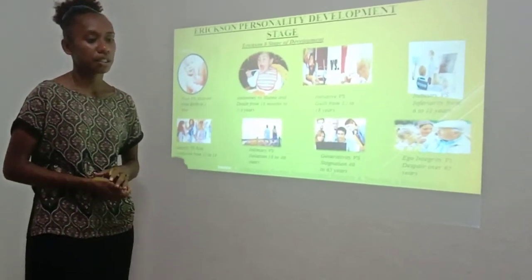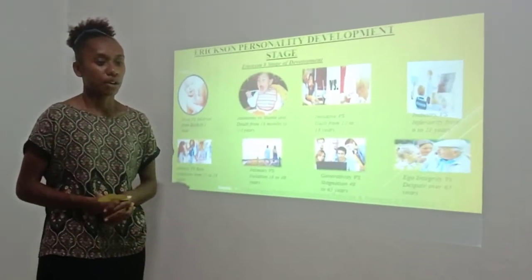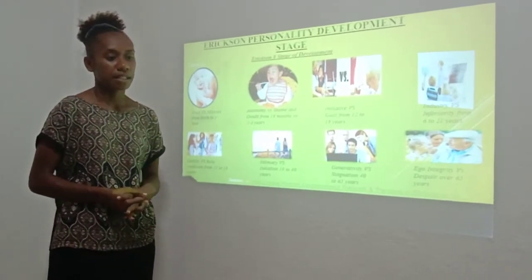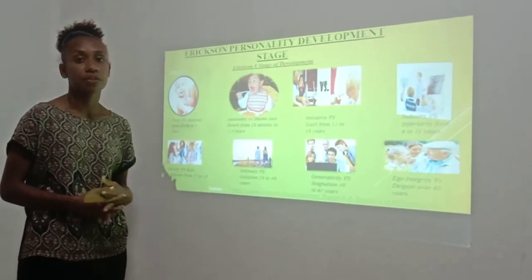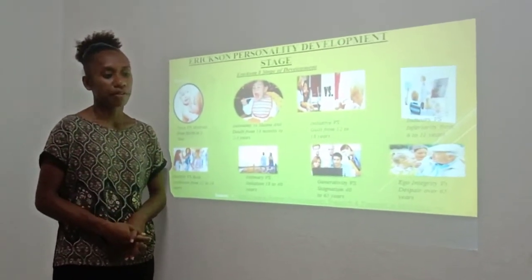So from the local context, it all applies to Erikson's eight stages, which apply to the local age groups, enabling them to develop over their lifespan to have better living.